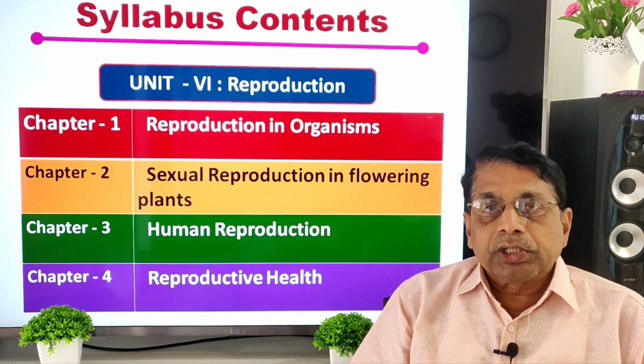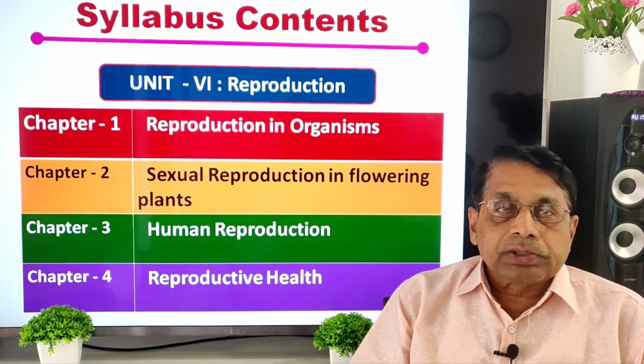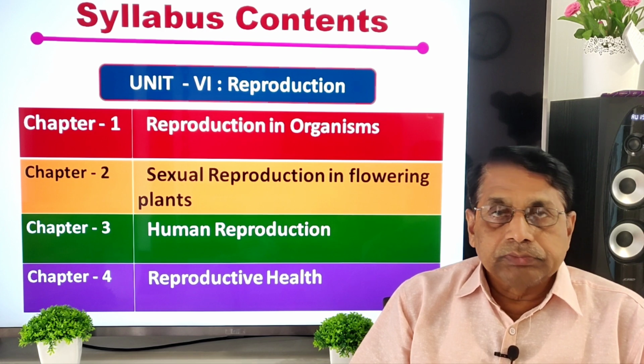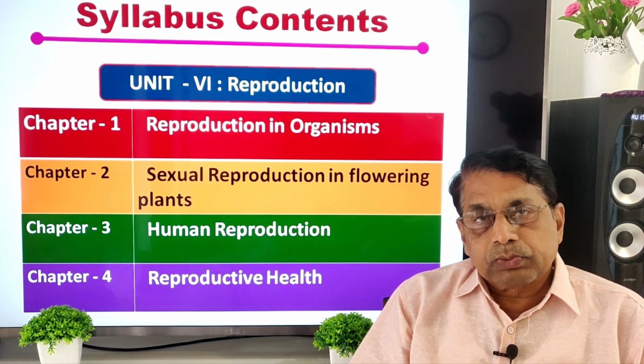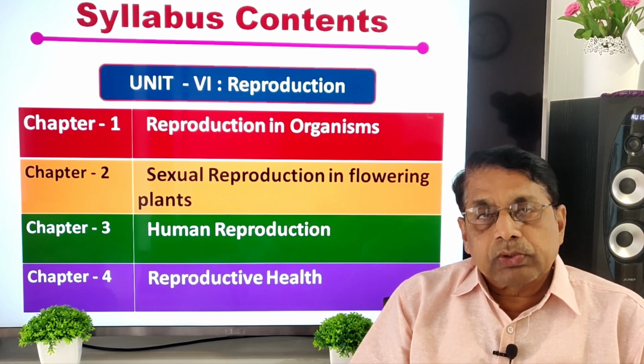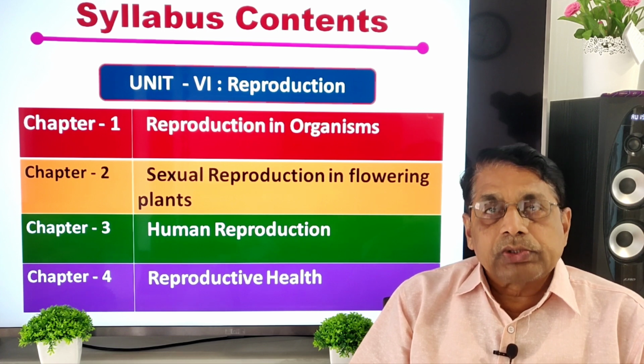Vegetative reproduction is generally by fragmentation. For asexual reproduction, there are different methods: binary fission, production of spores, sporangiospores, conidiospores, gemmae, gemmules.